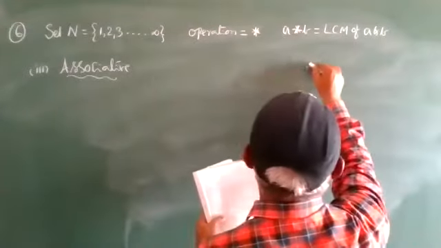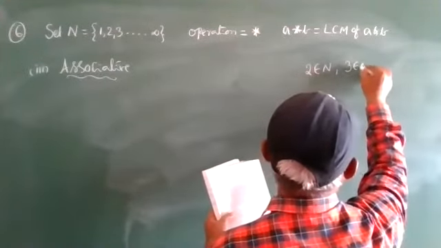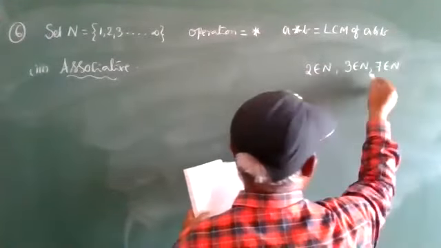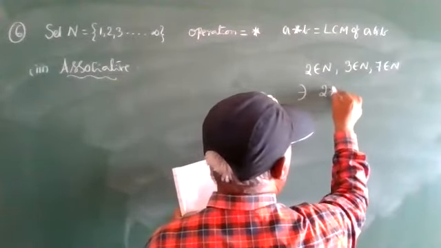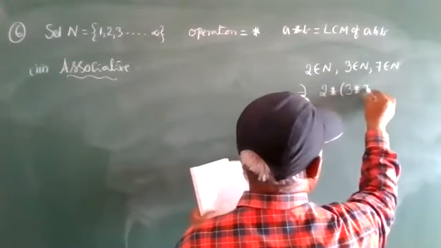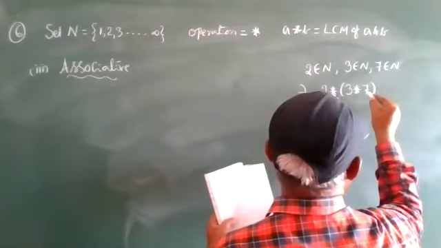Everyone, 2 belongs to natural numbers, 3 belongs to natural numbers, 7 belongs to natural numbers, such that 2 star (3 star 7). First write down its value.